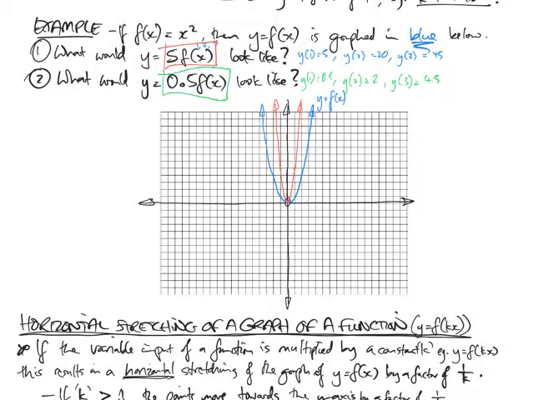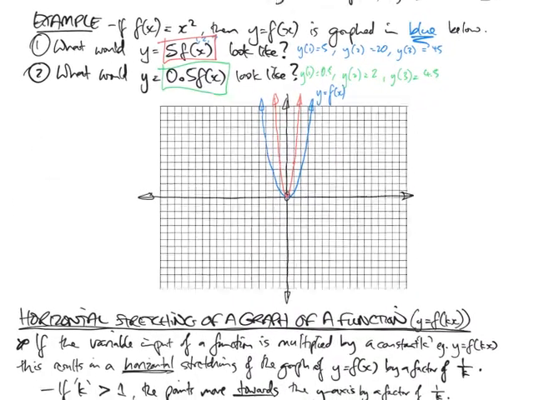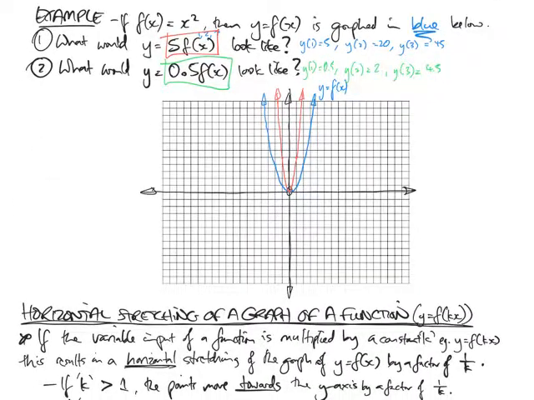So this graph, if k is 0.5, it's between 0 and 1, it should be causing a vertical stretch where the points all move towards the x-axis by a factor of k. They're going to be k times closer, and I think that's what we're going to see here. When x is equal to 1, y is going to be half, 0.5. When x is equal to 2, y is going to be 2. When x is equal to 3, y is going to be 4.5.